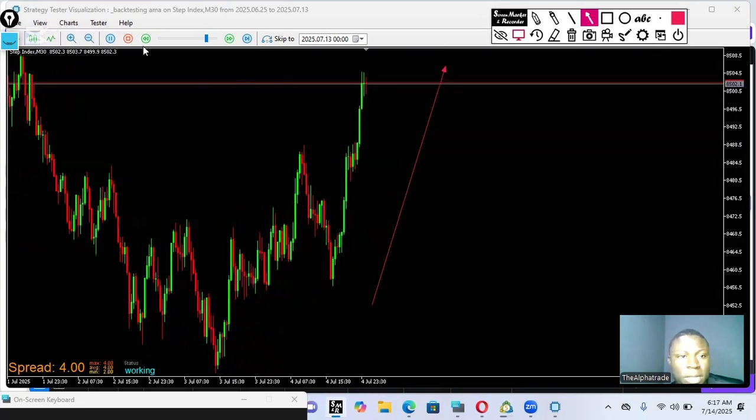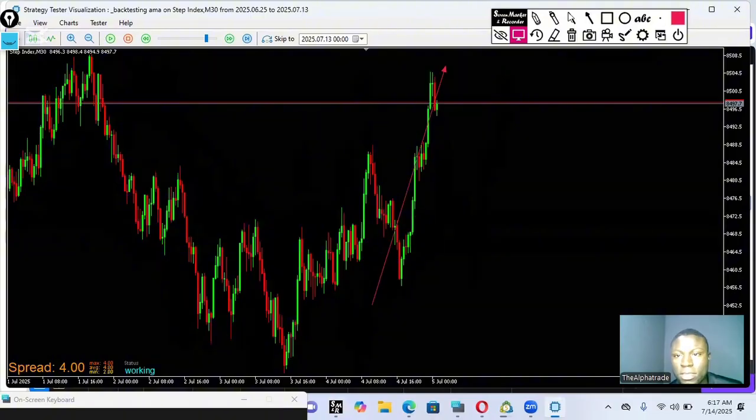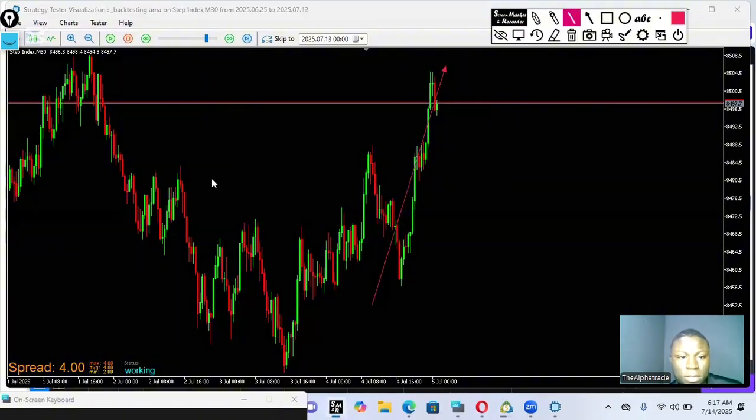Oh, price has already gone far. So we bought already. Like I said, your first TP will be somewhere here. Since price has already reached here, this high will now be your first TP.